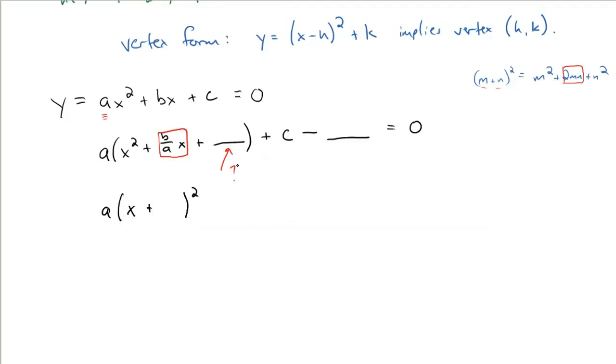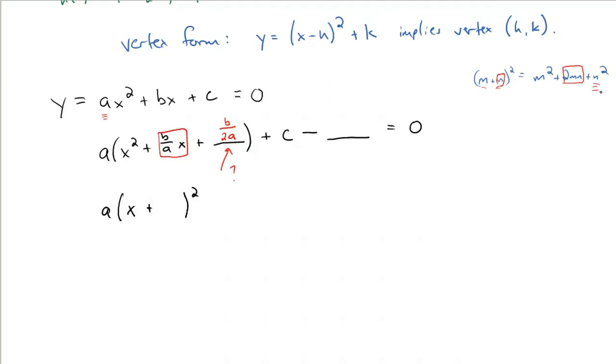What is that something is the question. Well, it turns out that what goes in the spot of n, the unknown thing over here, you drop the x, like you're going to drop the m, and then you're going to take half of what's left. So half of b over a is b over 2a. And then I have to square that quantity.